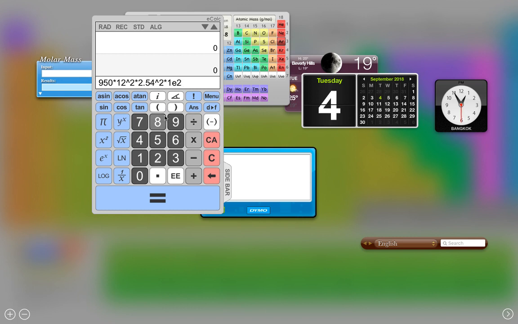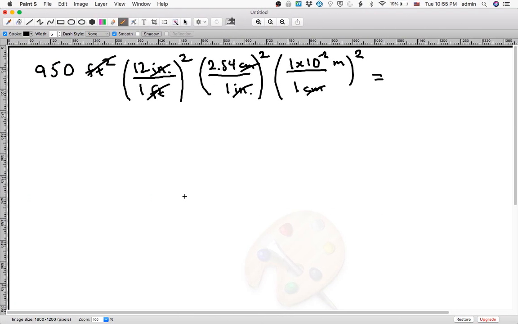Oops, this is an expensive calculator, so I have to say negative 2 instead of 2 negative. And that gets me 8,826. So this is 8,826. And the only units left here are meters squared. So this is square meters. That doesn't make any sense at all. Yeah, I've done something wrong here.